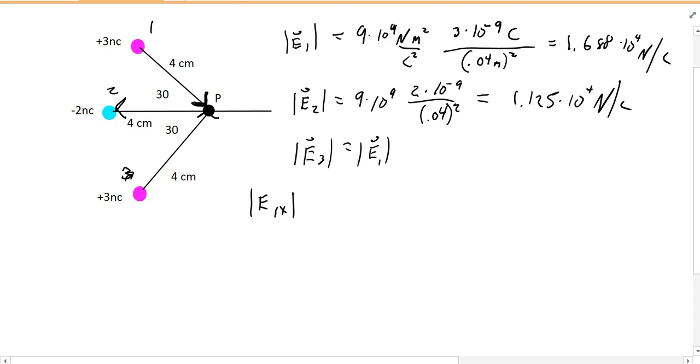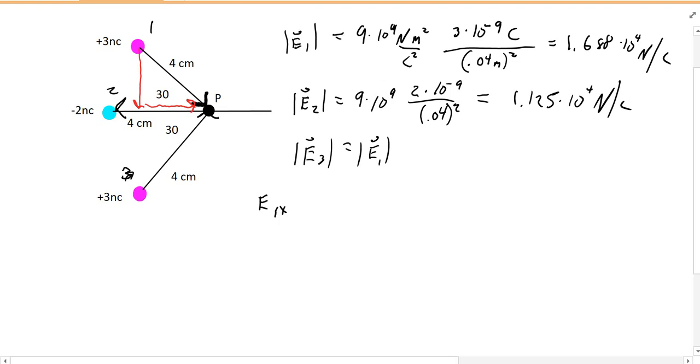So let's find the x component of the electric field due to 1. Well, actually I don't want to find just the magnitude, I want to find the direction too. So let's draw a triangle so that we can use our trigonometry skills. We're going to have the y component that way and the x component that way.